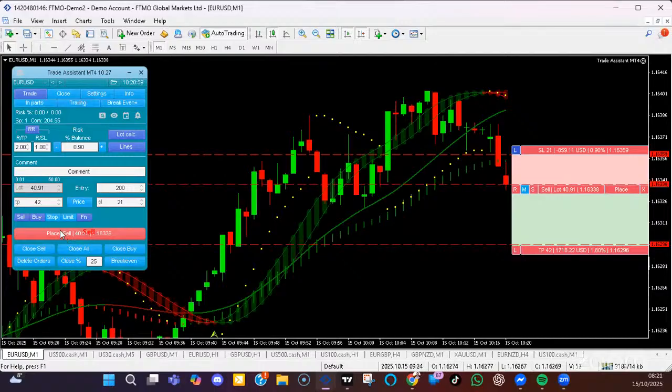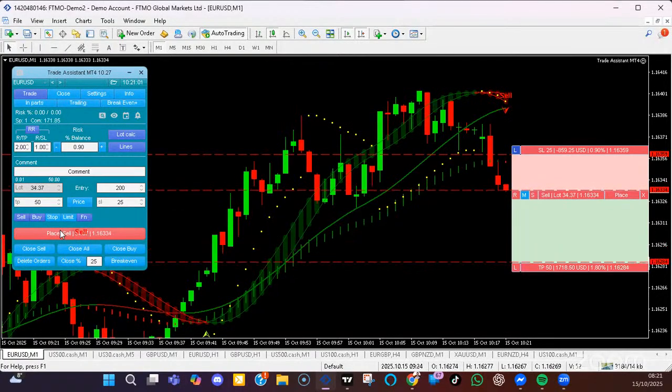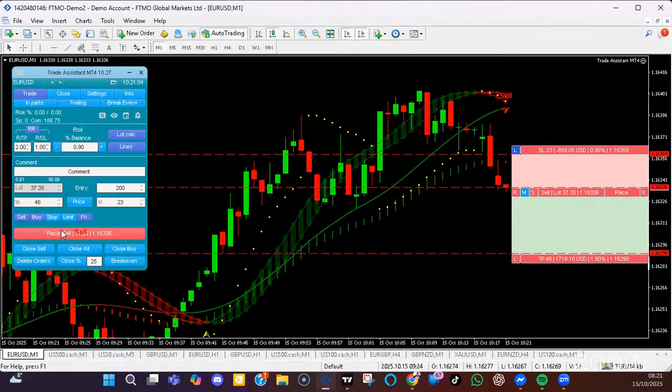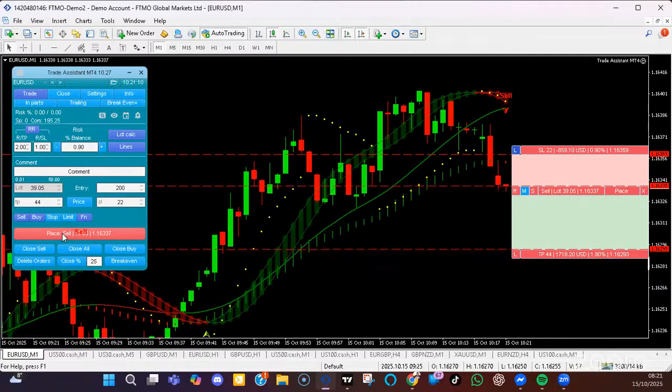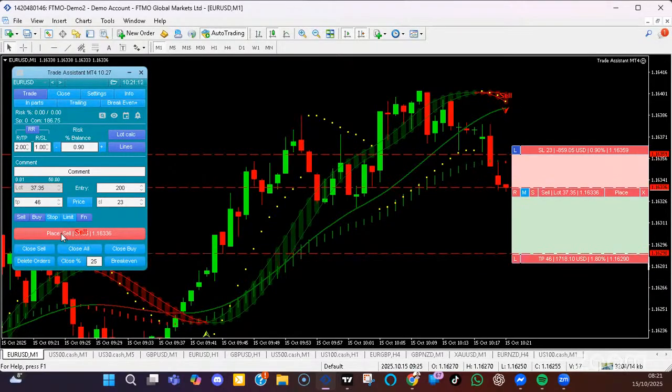In anticipation of it turning red, I'm going to go a bit deeper. I'm going to let it settle a bit better in anticipation of that green trend line turning red.